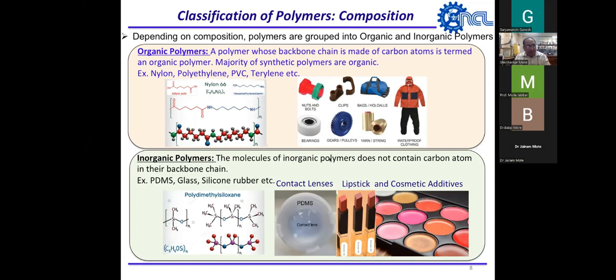The other is non-carbon containing polymeric backbones, called inorganic polymers, where the polymer chain does not contain carbon atoms. For example, PDMS (polydimethyl siloxane), glass, and silicone rubbers. PDMS is used in contact lenses for our eyes, and other polymers used daily, like lipstick and cosmetic additives, are inorganic polymers.